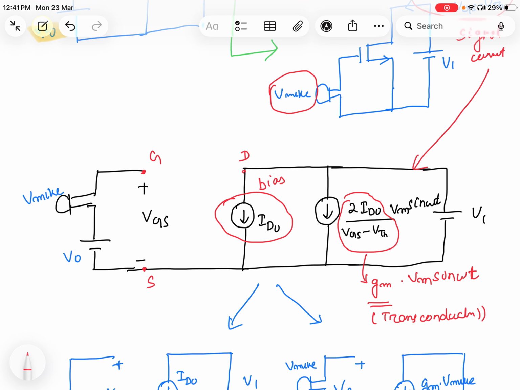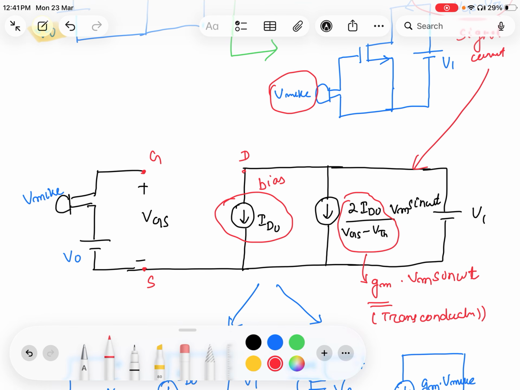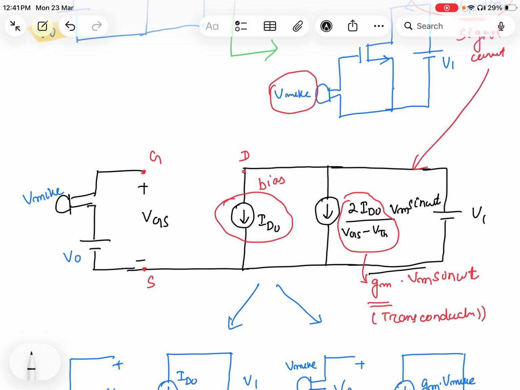This thing I wrote as Gm. So now my signal current becomes Gm into Vm sin omega t, or Gm into Vm, where Vm is the input signal.